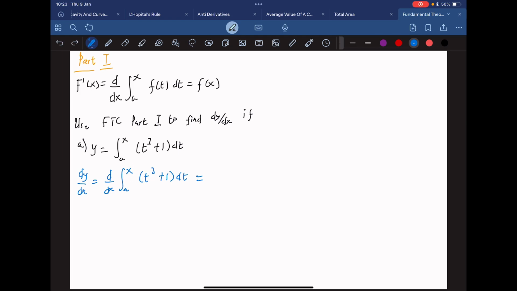So in this case, we just replace t with x, so we have x cubed plus 1, and that is your answer for the differentiation. Remember, if here is p and this is p and this is p, all that you get is just p cubed. I hope this is clear.